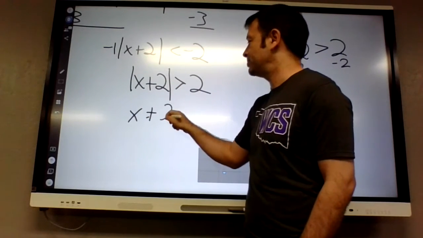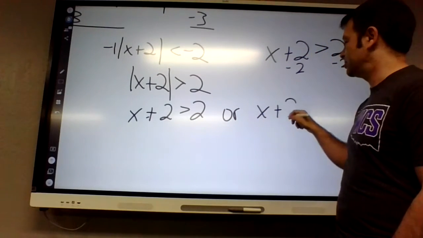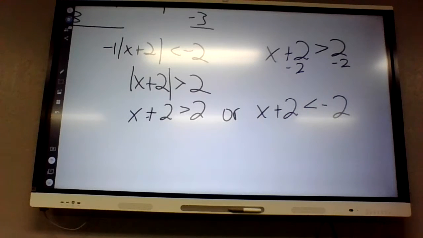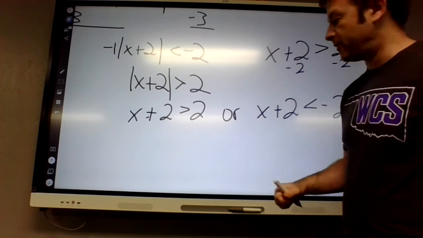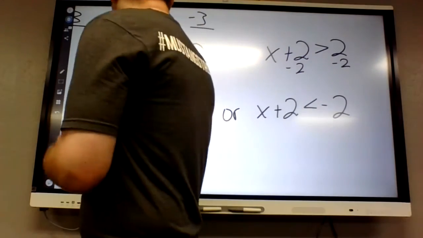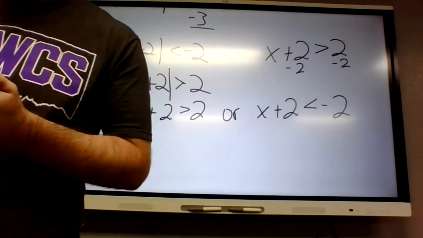It's either x plus 2 is greater than 2, or x plus 2 is less than -2, kind of like the equation we did yesterday. You split it in two, and then you solve both of those, and then you graph both of those on the same graph. Should be arrows going out, if you did it right on the graph.